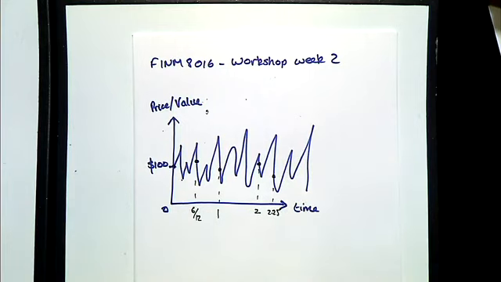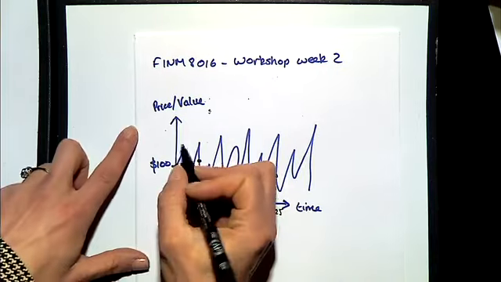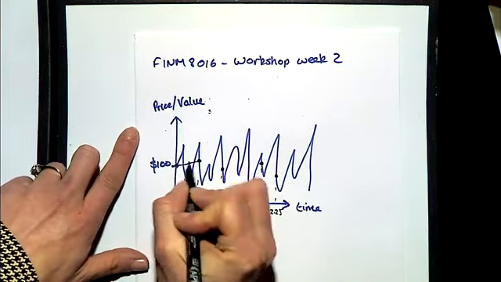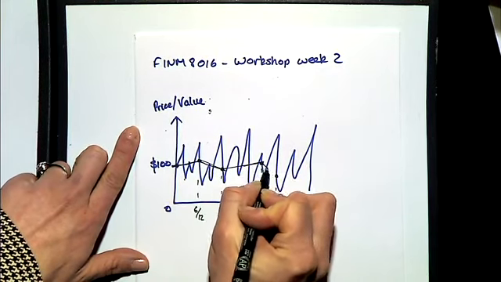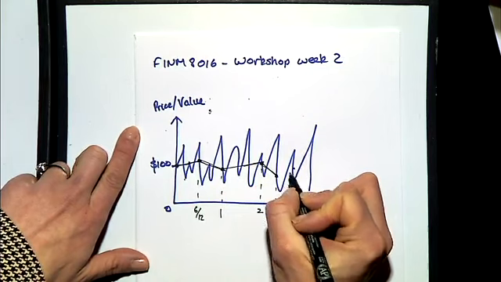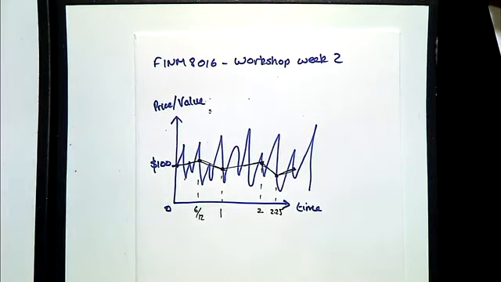Even though value is fluctuating wildly, the only thing that happens in the data is this. And maybe there's one here. So can you see how much more smooth the return series is in the data than the actual value is, because no one's trading it?